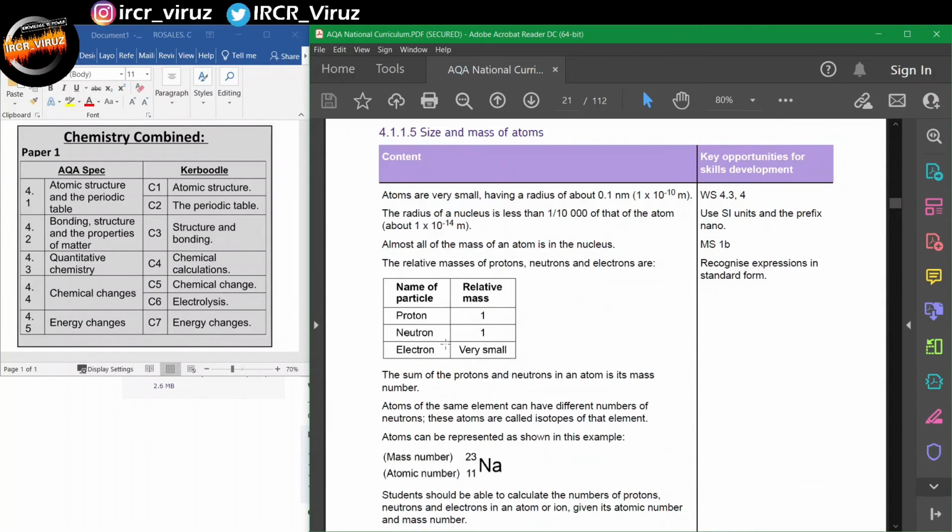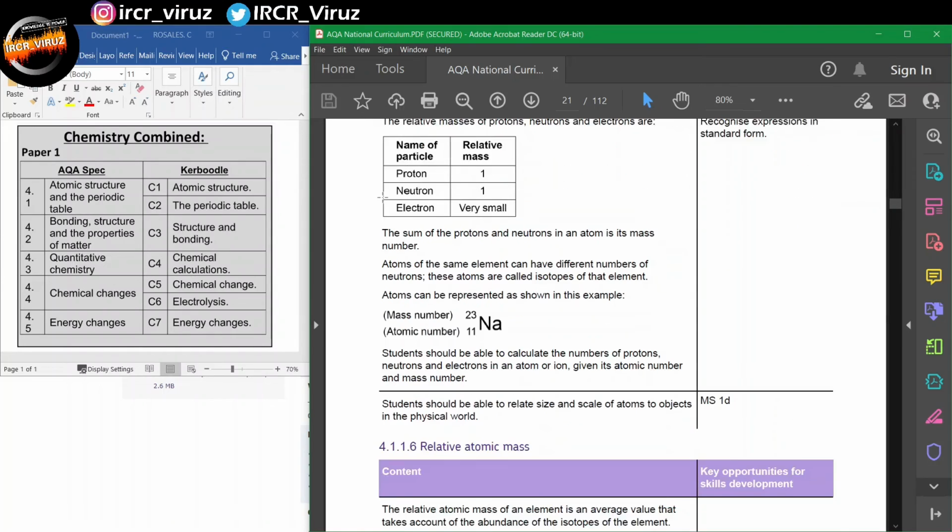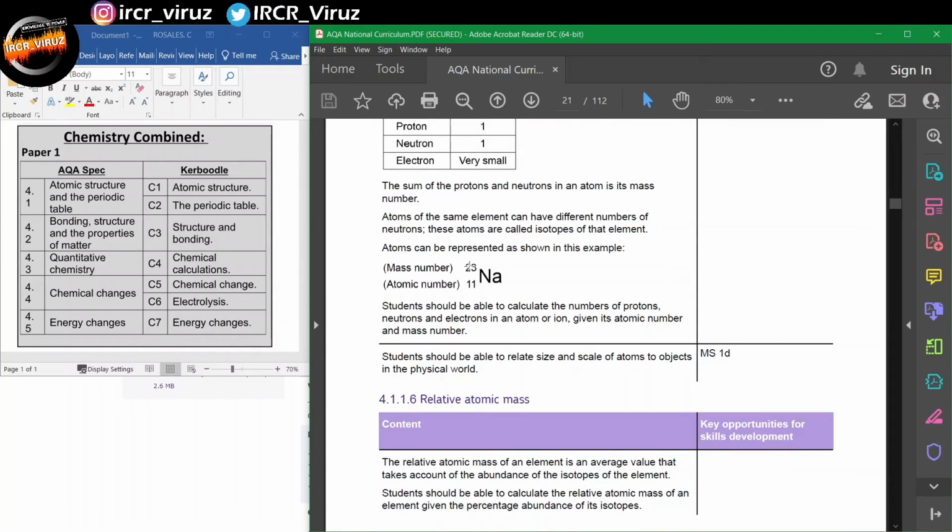When looking at size and mass of the atom, this is where you've got to be slightly familiar with the size of the atoms, okay? Obviously, you know that the lower in group 1, the bigger the atom, because they have more electrons, more shielding, more shells. You also want to remember that the mass number is the big number in the periodic table, and the little number will be the atomic number.